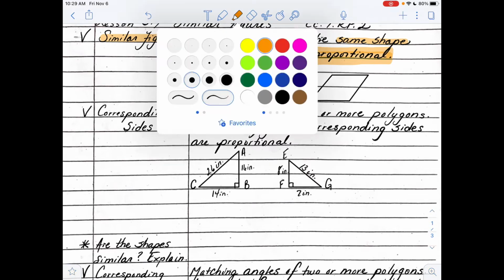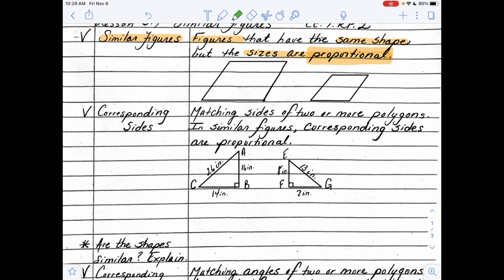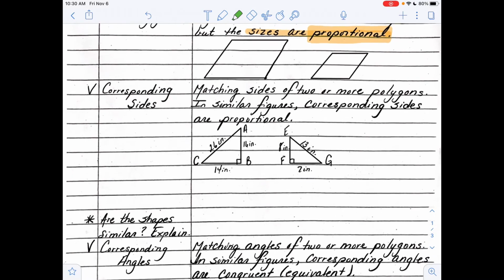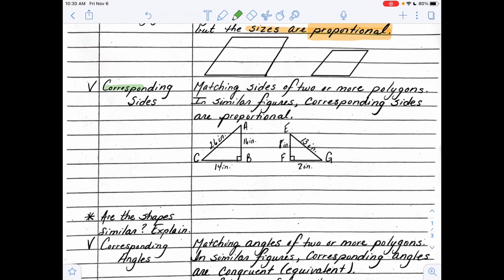Now let's go ahead and look at the next vocabulary word, because this is going to help us determine if they really are the same shape, just different sizes, or do they look like they're the same shape, but they're actually not. So let's take a look at corresponding sides. Corresponding sides are matching sides of two or more polygons.